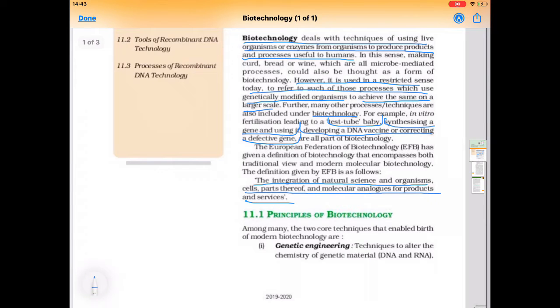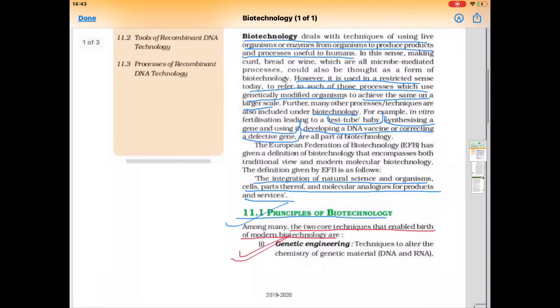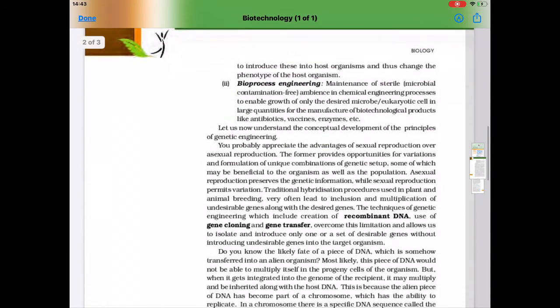Now, what are the principles of biotechnology? Among many, the two core techniques that enabled birth of modern biotechnology are genetic engineering and maintenance of sterile conditions.